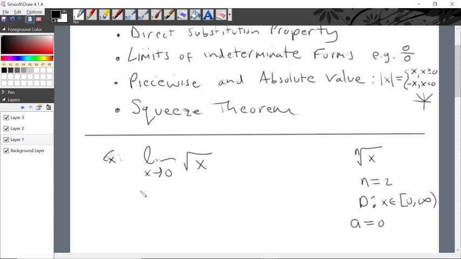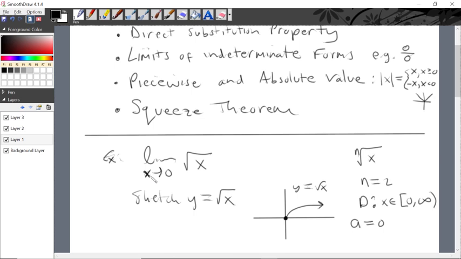Take a look at the sketch of the graph y equals the square root of x. So that graph starts here and opens upward in this direction, something like that. So here's y equals the square root of x.